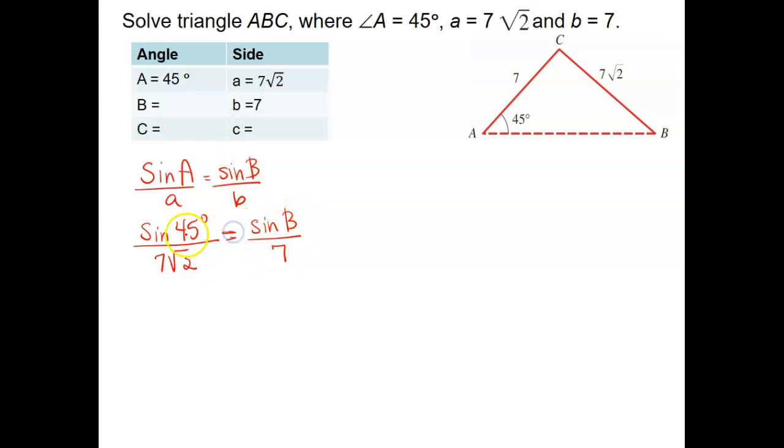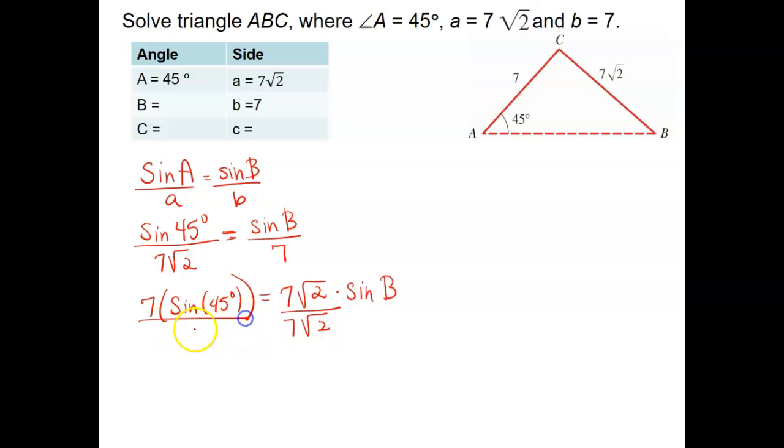Okay, I'm still going to cross multiply, so when I do that, I'll have 7 times the sine of 45 degrees, and then I'm going to have 7 on the square root of 2 times the sine of B. Okay, I want to get b by itself, so I'm going to divide away this 7 on the square root of 2.